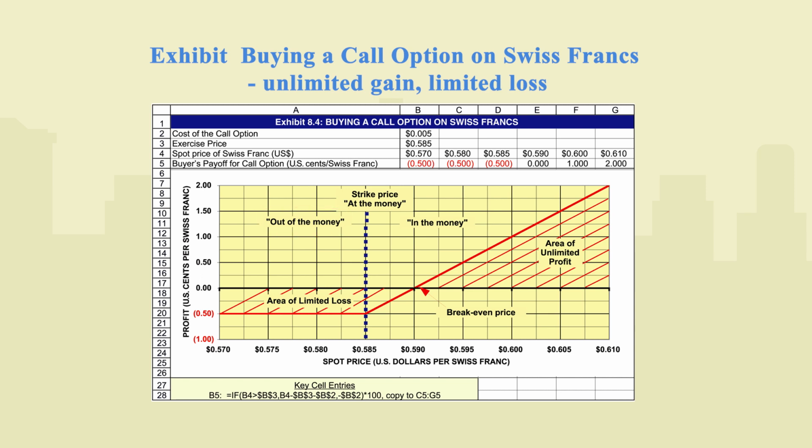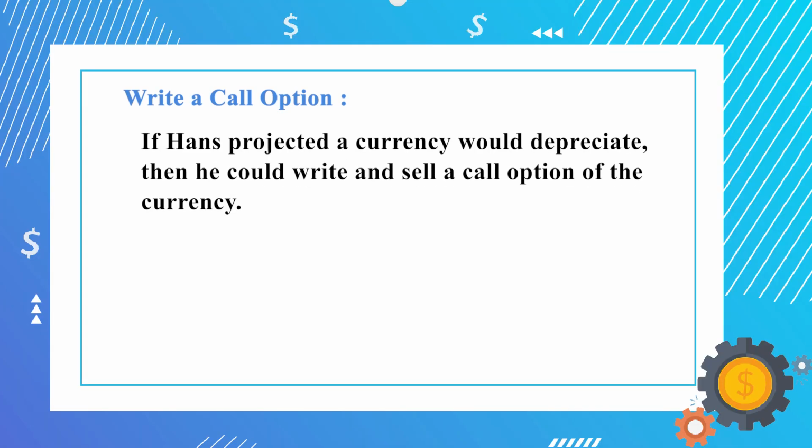However, Hans' only loss will be limited to the cost of the option, or the premium, that is $0.005 per Swiss franc. In theory, the spot rate can be infinitely great, so the profit of the buyer is unlimited in theory.